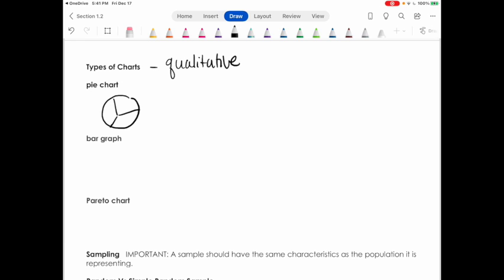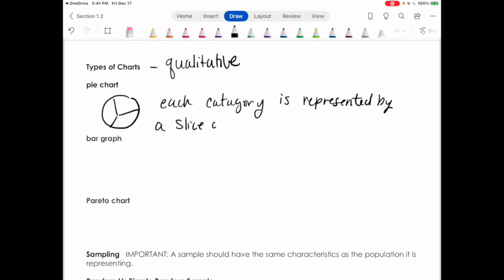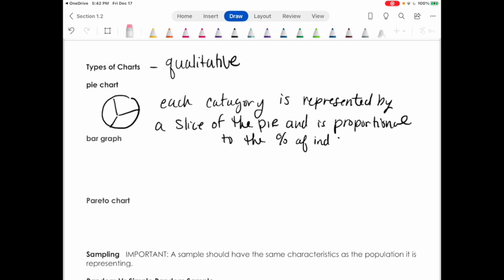So you want to make sure that your slices are proportional to the percent of the individuals in each of those categories. So let's write down to take notes. Let's say each category is represented by a slice of the pie and is proportional to the percent of individuals in the category.